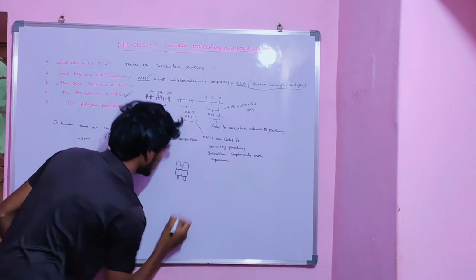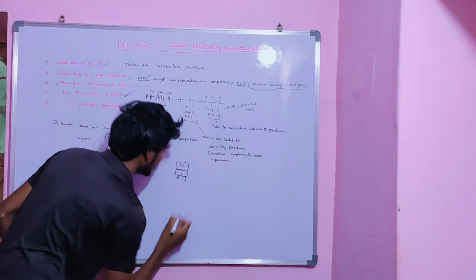Only the calreticulin protein remains, which acts just like a protector which covers the variable region of the MHC molecule, so that it does not attach with these amino acids of bacteria too early.